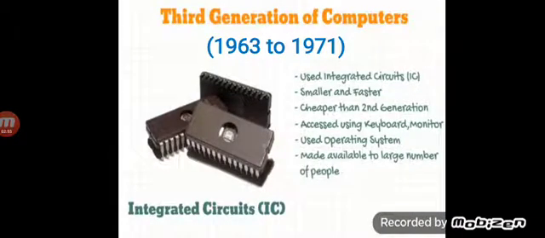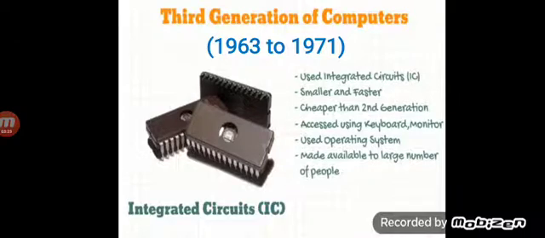The third generation computers were between 1963 and 1971, when integrated circuits, that is ICs, replaced the transistors. That means first generation computers used vacuum tubes, second generation computers used transistors, and now those transistors were replaced by ICs, that is integrated circuits, in the third generation.